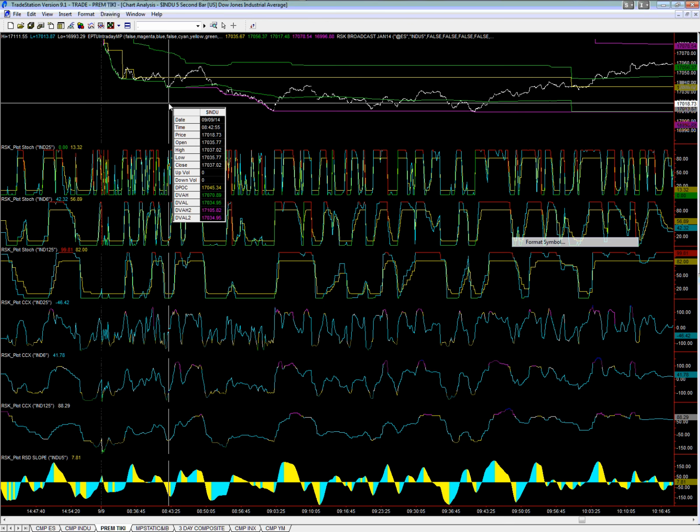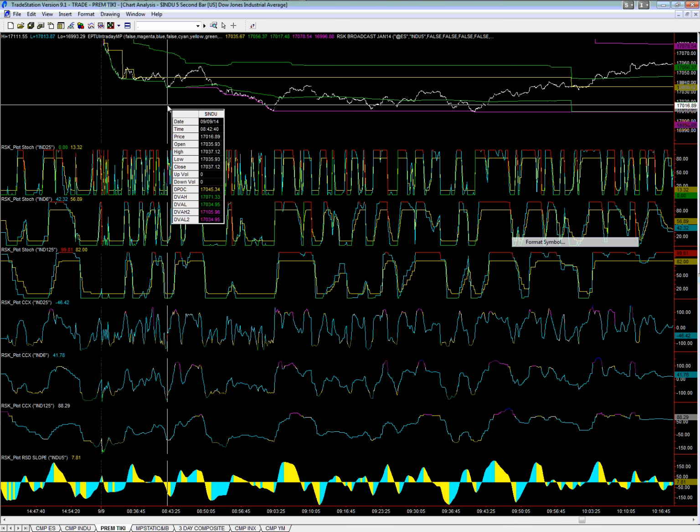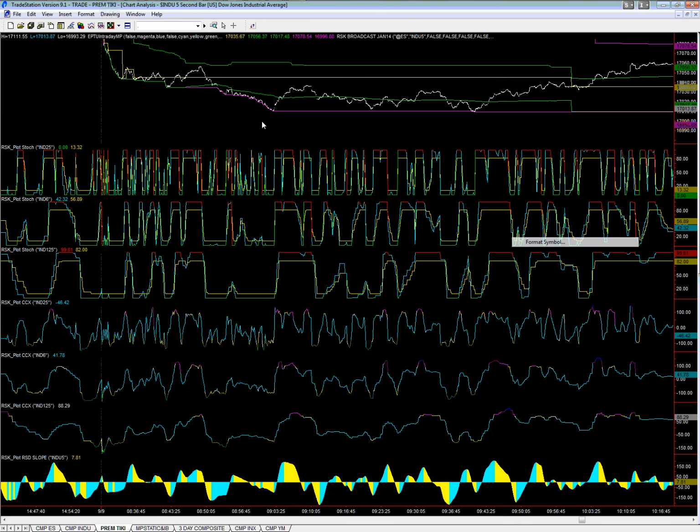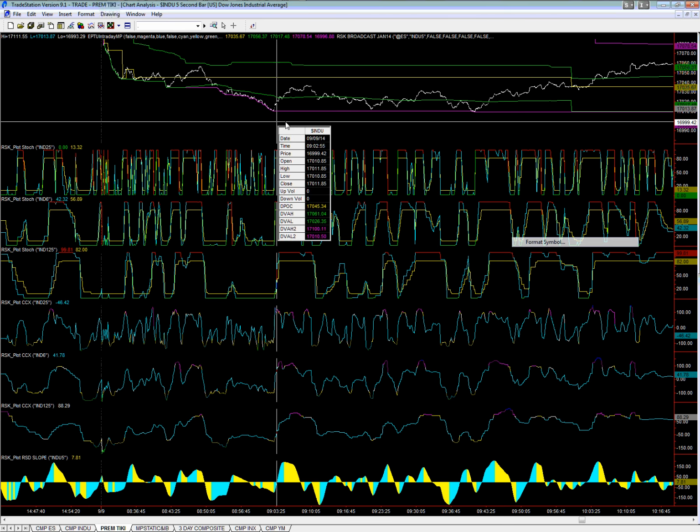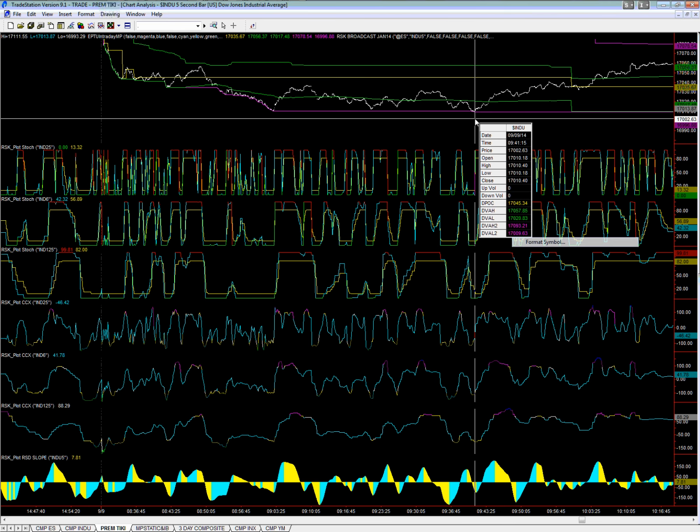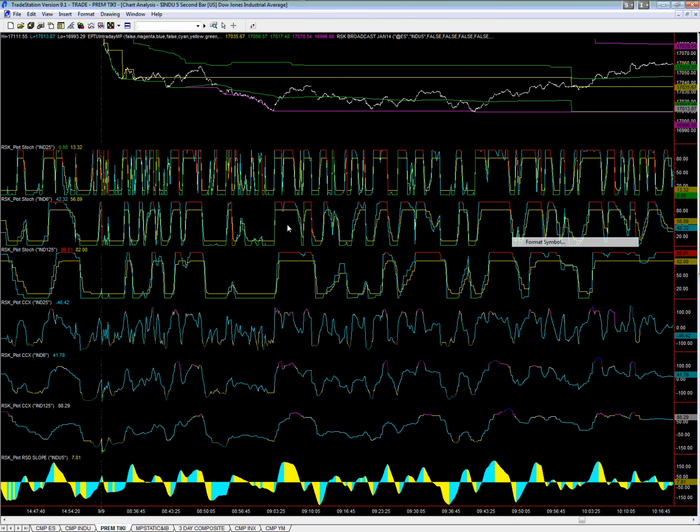First time you have any real kind of support is right in the area of 17,035, 17,036, right in that area. Second time at around 09, and then all the way down to 17,009.63, and then all of a sudden it shoots up.